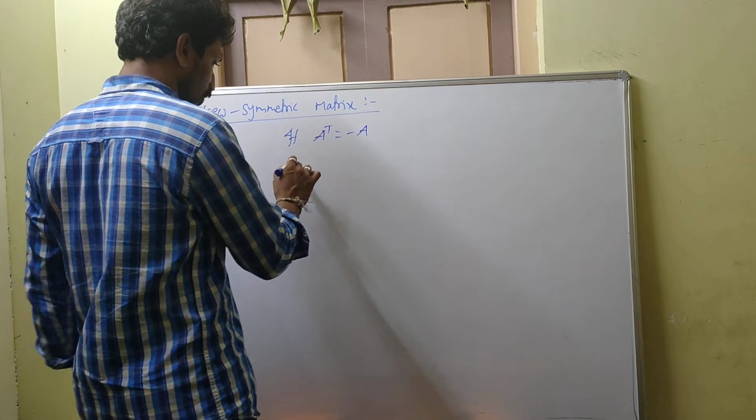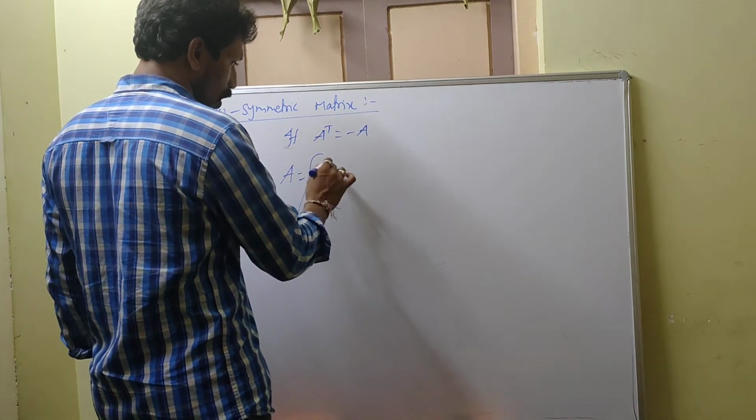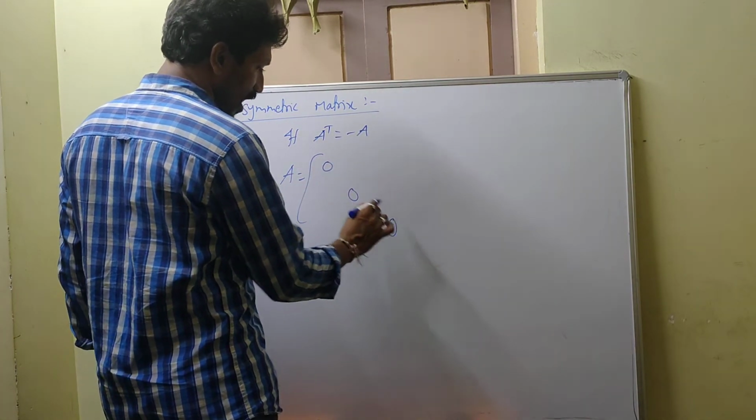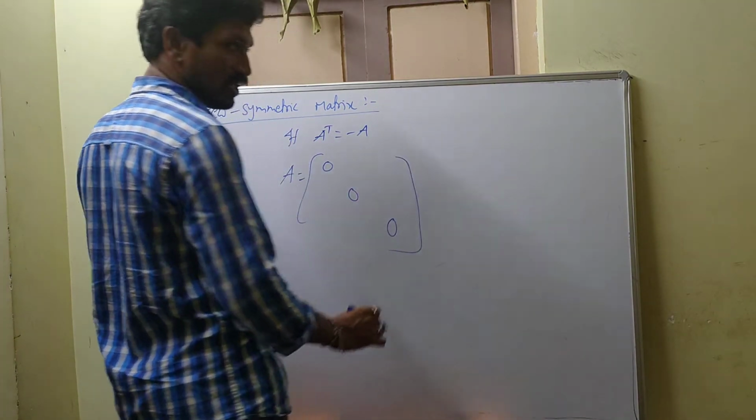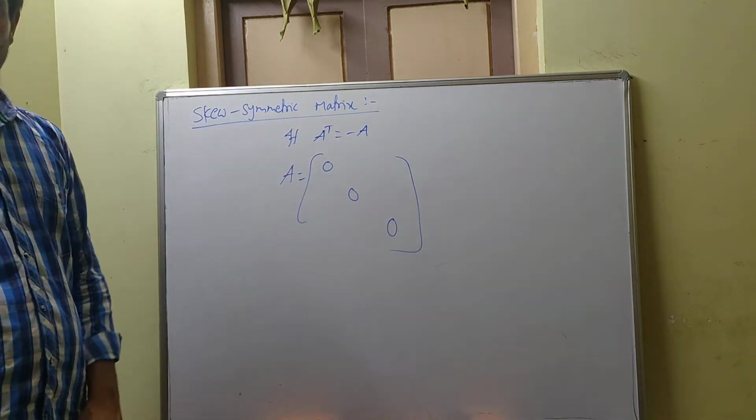All principal diagonal elements should be zeros, whether it is 3 by 3, 2 by 2, 4 by 4, whatever it may be.